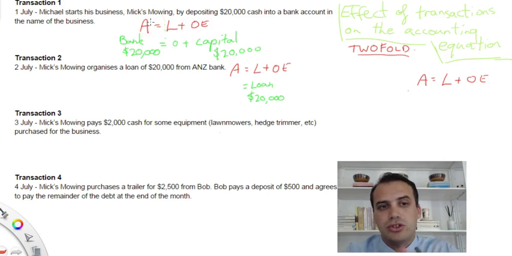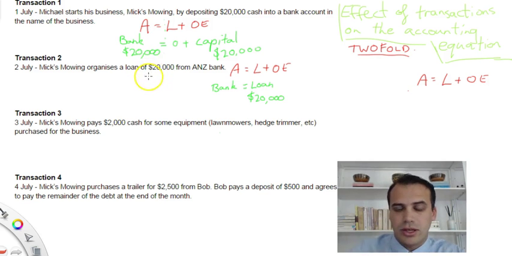But remember that each transaction is a twofold transaction. So if he borrowed 20 grand, where did the 20 grand go? It went into his bank account. So his assets have gone up. He had 20 grand in there to begin with. He organised a loan of $20,000, so that 20 grand also went in there.